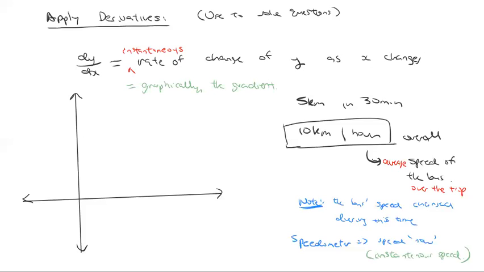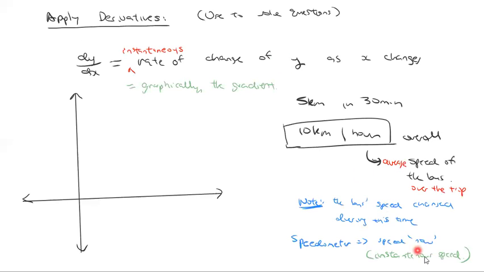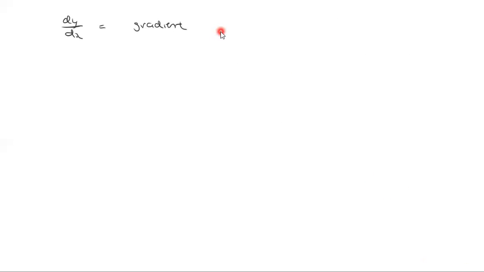Because dy/dx represents the gradient. Now, in general, it's the gradient, but it's the instantaneous rate of change of y. So it will be the gradient of what?